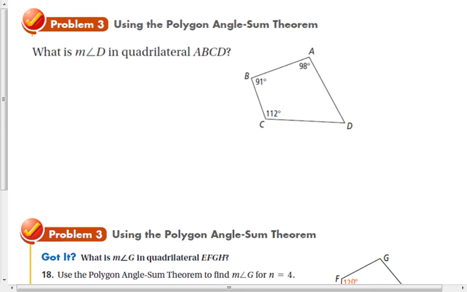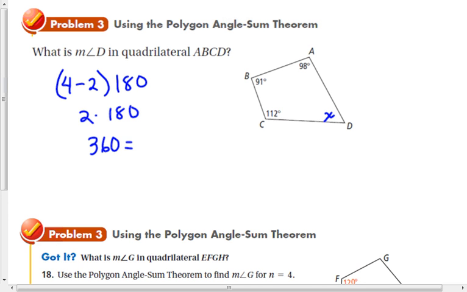All right, let's use this polygon angle sum theorem to try and find a missing angle. Here we're missing an angle, let's just call it x, the measure of angle B in the quadrilateral ABCD. From the polygon angle sum theorem, we know that all the interior angles add up to the number of sides minus 2, times 180. That's 2 times 180, which is 360. And 360 is going to equal our missing angle plus the other three angles, 112, 91, and 98.